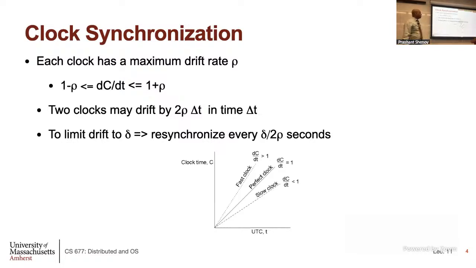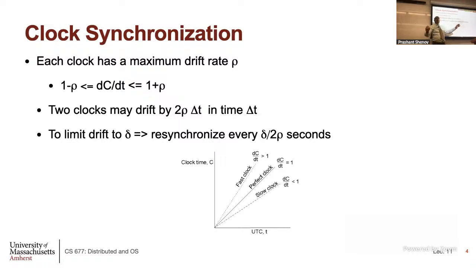So what this also tells us is, if you are given any two clocks that are built with the same technology, the maximum value by which they can be off is 2 rho times delta t every delta t seconds. Because the worst case is one clock is advancing at the slow rate, and another clock is advancing at the fast rate, drifting apart from each other.